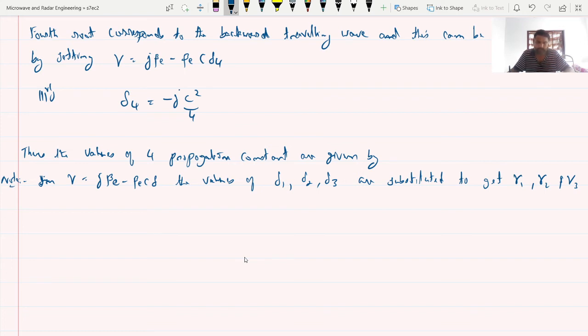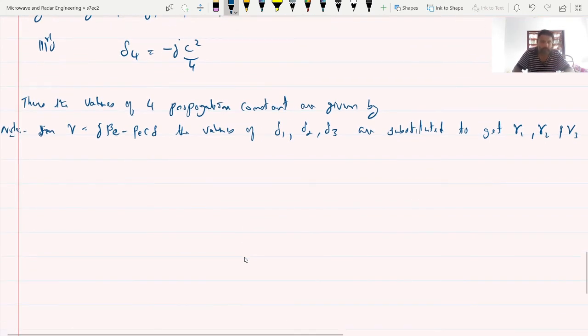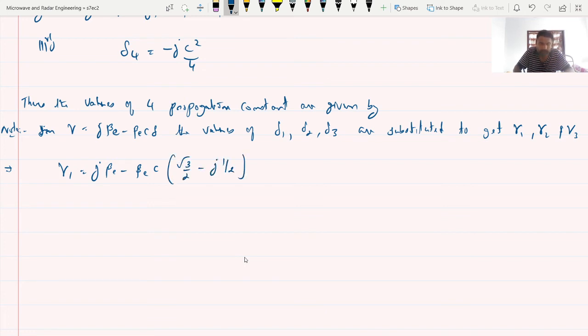We will get gamma 1 is nothing but j beta I minus beta I c into root 3 by 2 minus j into 1 by 2, which is nothing but minus beta I c into root 3 by 2 plus j beta I into 1 plus c by 2.